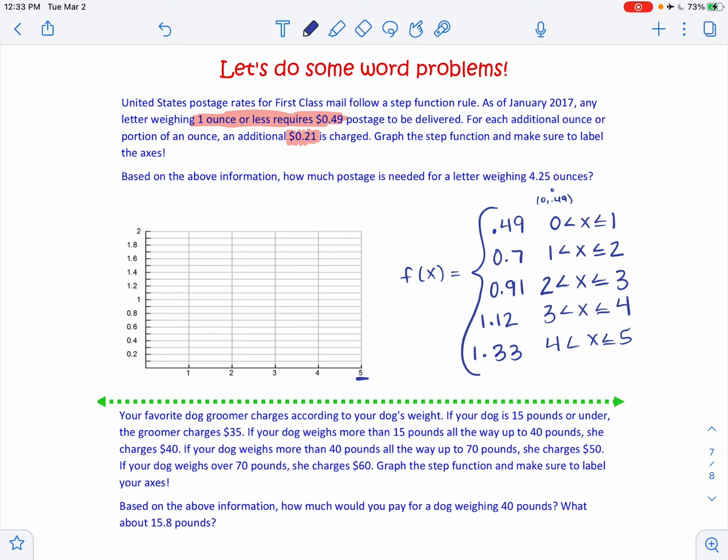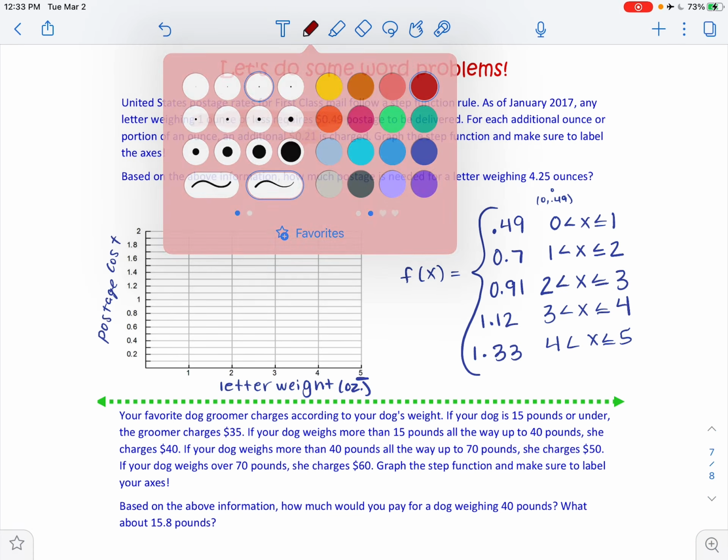The x-axis, we are saying, represents the weight in ounces of the letter. And then the y is how much we have to pay in postage. Okay, now we're ready to start graphing.